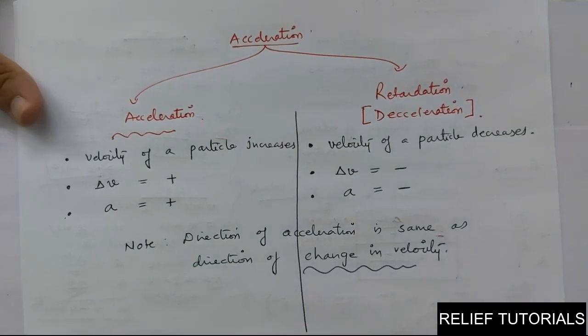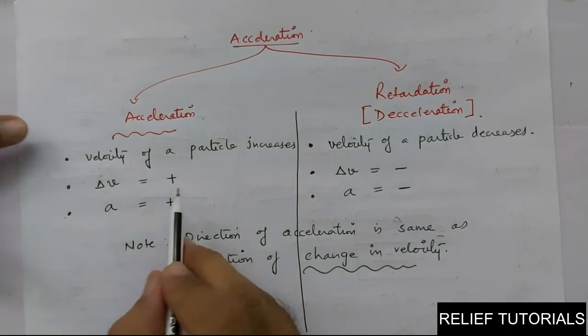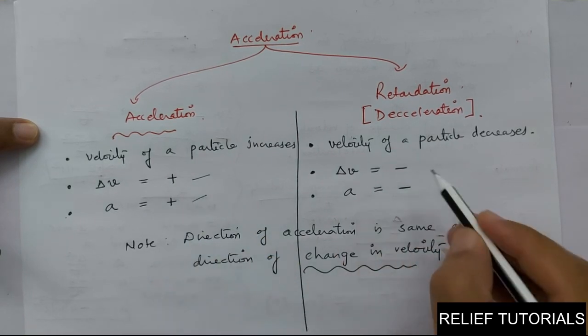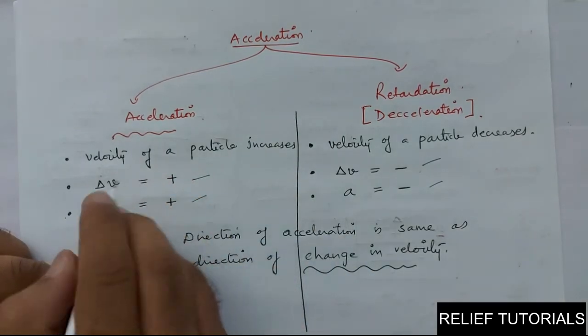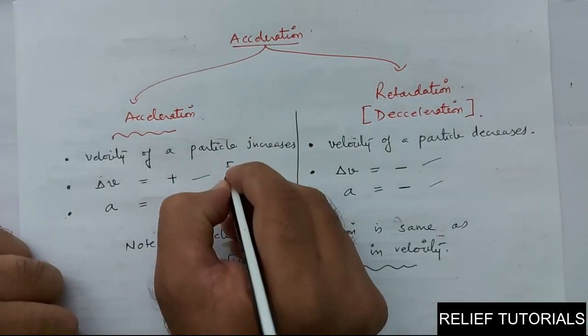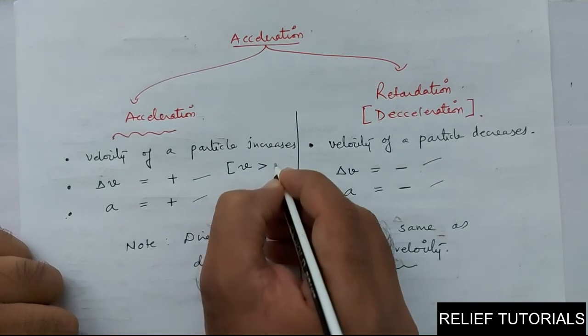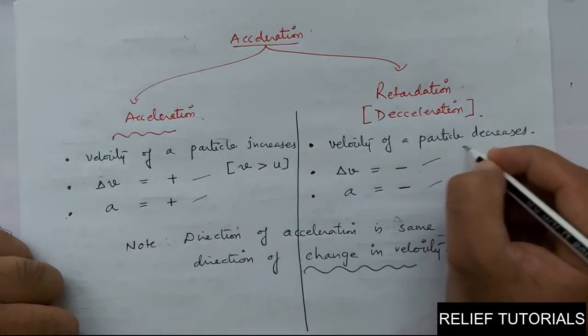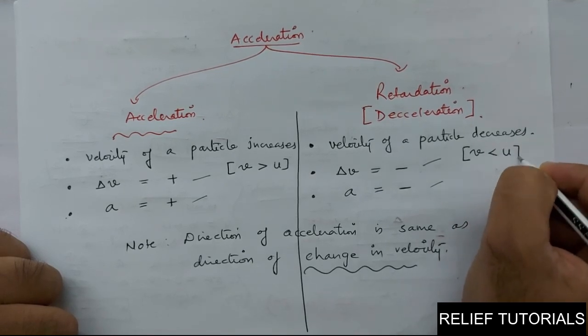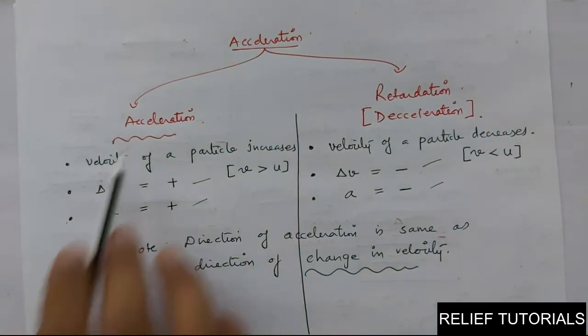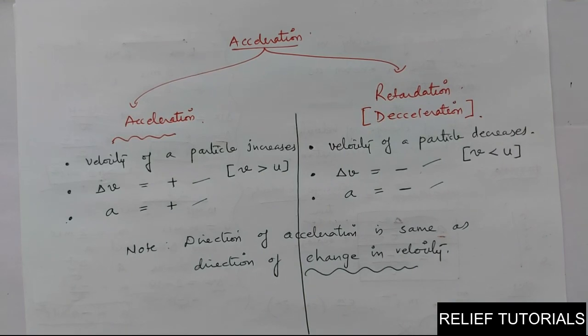That means delta V: the direction of A is the same as the direction of delta V. If delta V is positive, A is positive. If delta V is negative, A is negative. Here the velocity of the particle increases, so obviously V is bigger than U. And here the velocity decreases, so V is less than U. So whenever you find delta V, in acceleration that will be positive, and in retardation that will be negative.